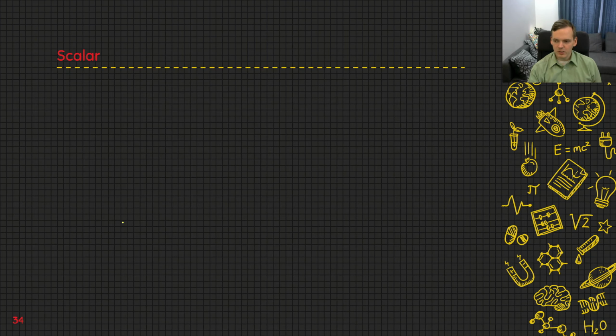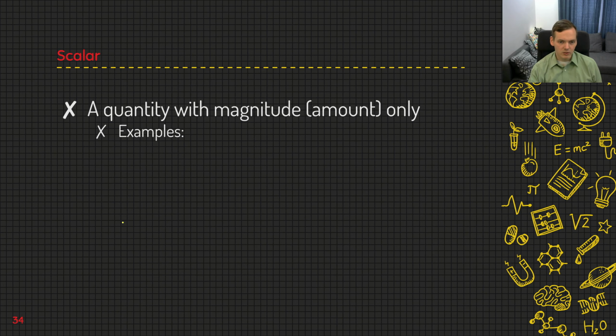So jumping into that, the first thing we want to talk about are scalars. And so scalars are quantities that have magnitude or amount only. And the differentiation between magnitude and what else you can have will make sense a little bit later. So for example, a time or an age would be scalars, right?